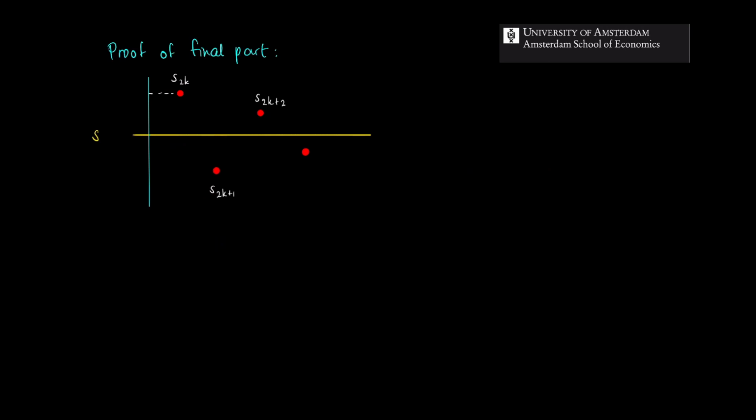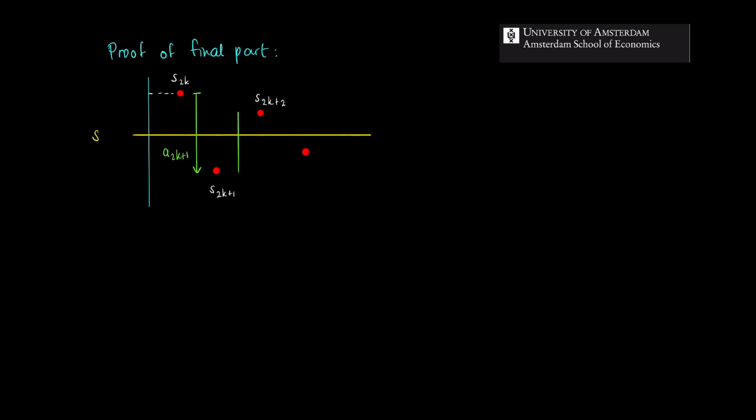So what do we see? If we are going from S2k to S2k plus 1, what happens is we subtract a value, and this value is a2k plus 1, right?